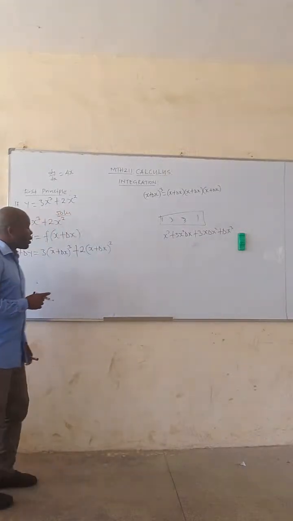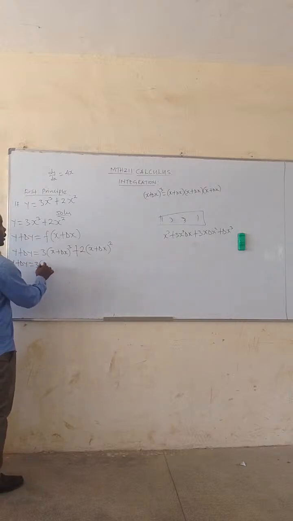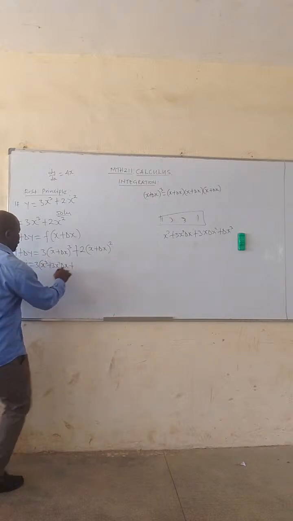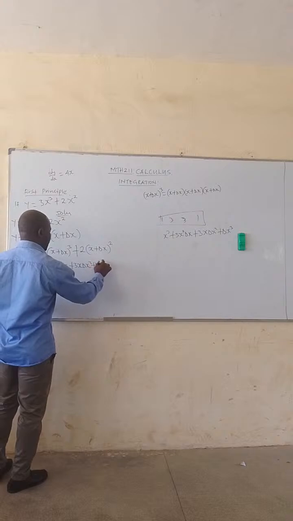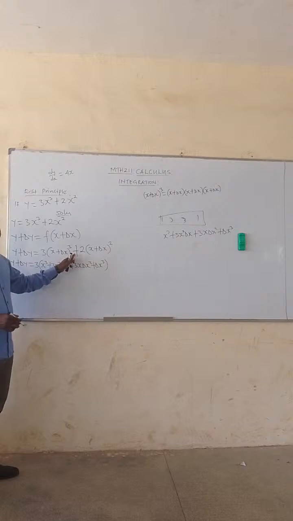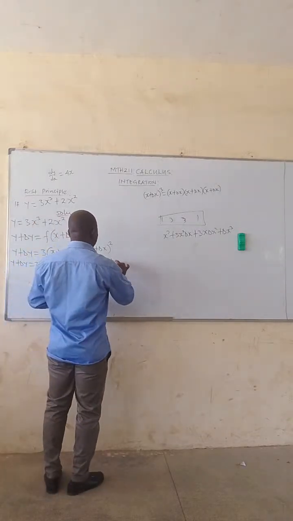So our y plus dy is equal to 3 open bracket x cubed plus 3x squared dx plus 3x dx squared plus dx cubed. Then what we have here, plus, we apply Pascal's theorem.